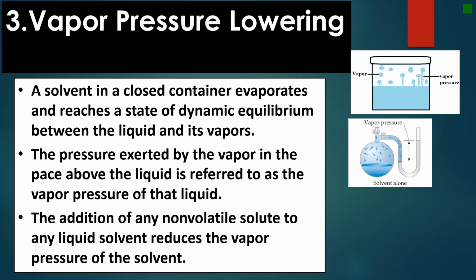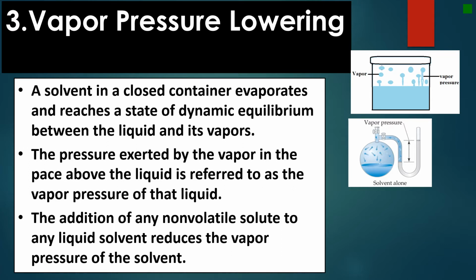When the solvent is alone, when it's pure, the container is connected to a U-tube that contains mercury, and the difference in the level of mercury in the U-tube is equivalent to the vapor pressure exerted by the vapors of this liquid. As you can see, the mercury column in the U-tube is not at the same level. There is a difference in the levels.